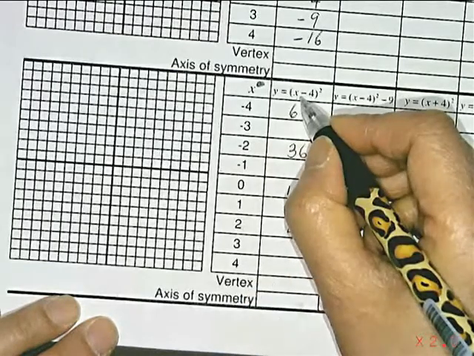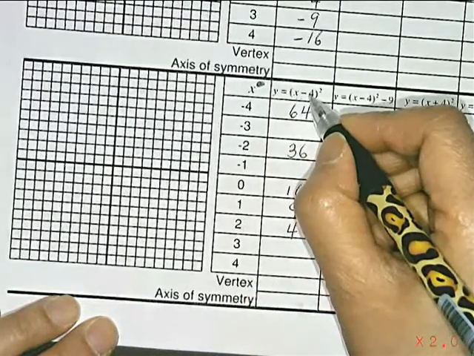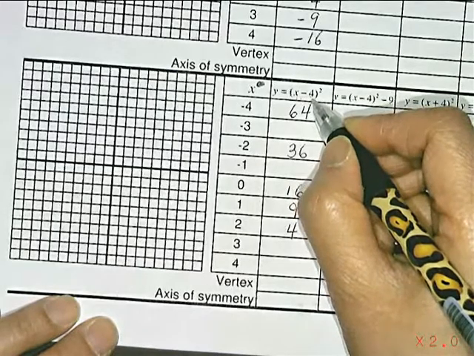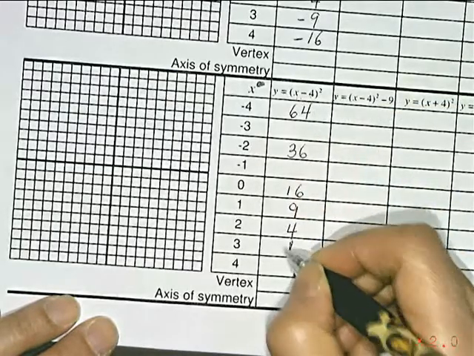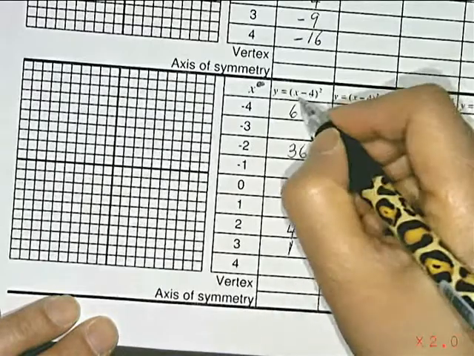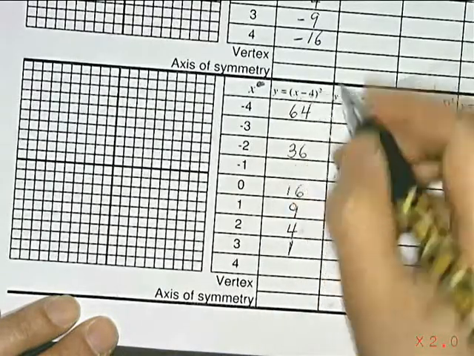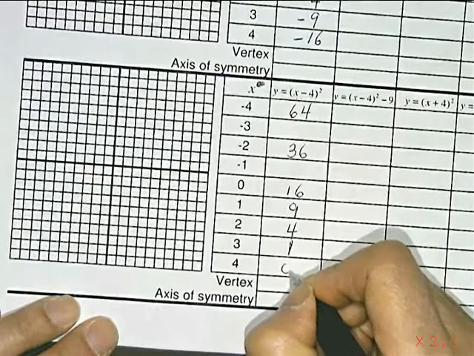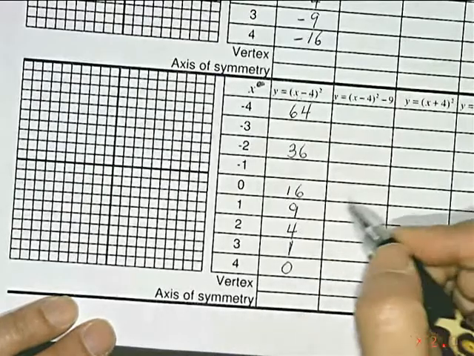3 here for x, 3 take away 4 is negative 1, squared is 1. 4 take away 4 is 0, squared is 0. So the question is, is there going to be a pattern?